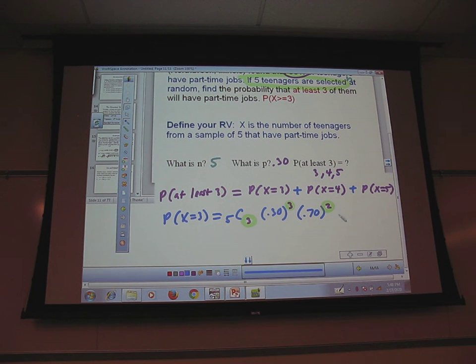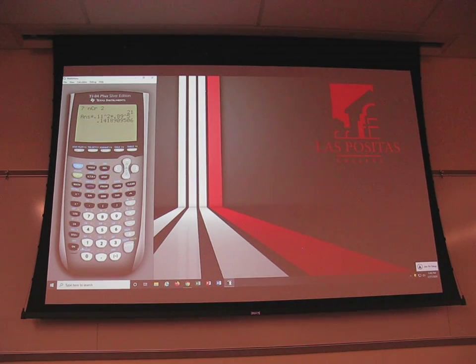And I can find that. So I go to my handy dandy calculator, and I'm going to do 5, math, probability, nCr, 3, enter, times 0.3 to the third, times 0.7 to the second.